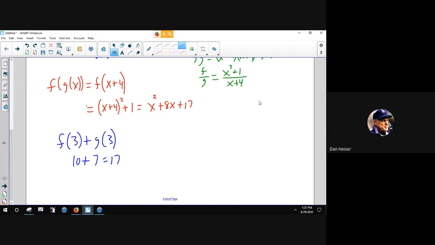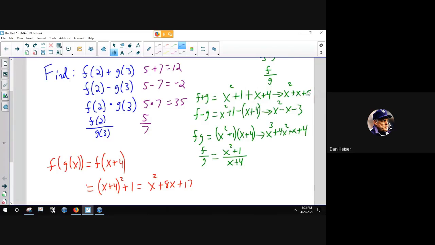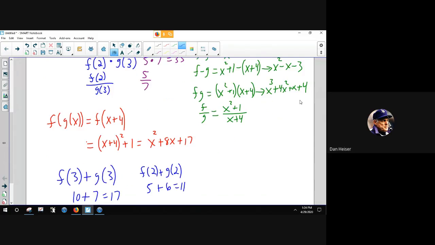And just to prove that it works, try f of 2 and g of 2. f of 2 becomes 5, g of 2 becomes 6, 11. If I were to plug 2 into this formula up here, 2 squared is 4, plus 2 more is 6, plus 5 more is 11.